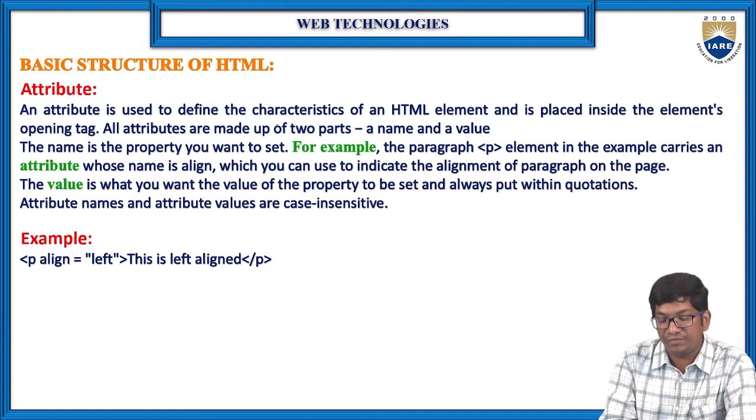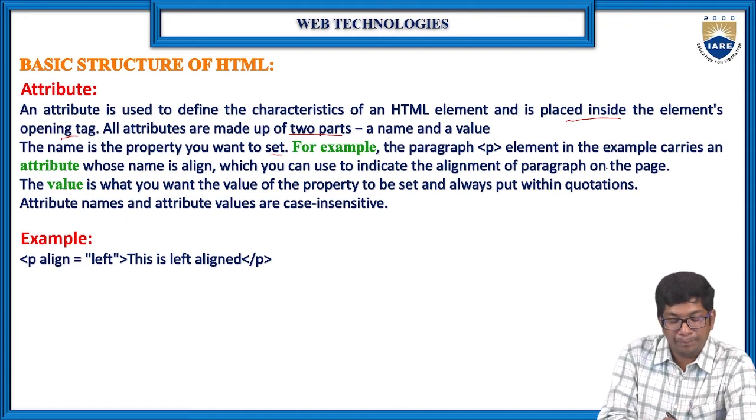An attribute is used to define the characteristics of an HTML element and is placed inside the element's open tag. All attributes are made up of two parts, a name and a value. The name is the property you want to set. For example, see here, P is the paragraph and align is equal to left.